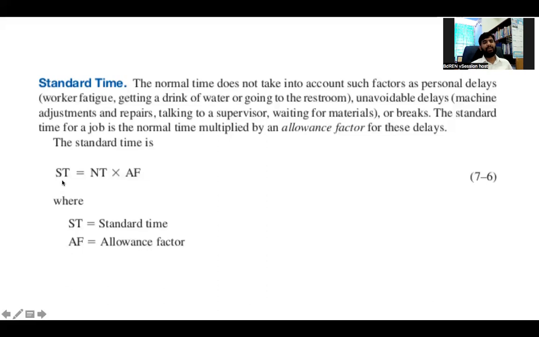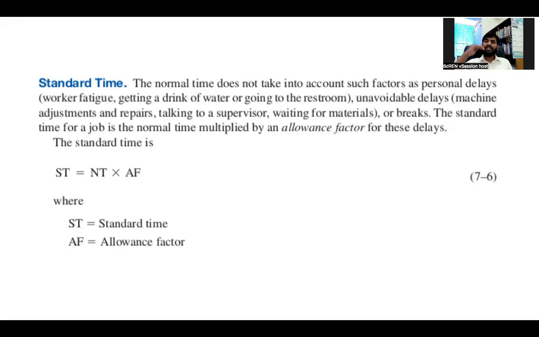The standard time is normal time multiplied by allowance factor. What is allowance factor? Maybe you have got the idea. Allowance factor means that there are some delays. The worker goes to the washroom.